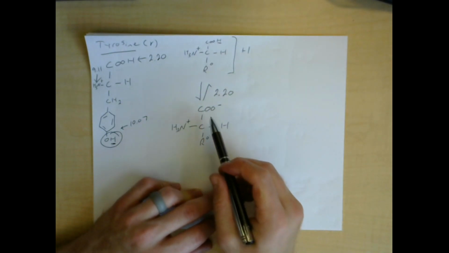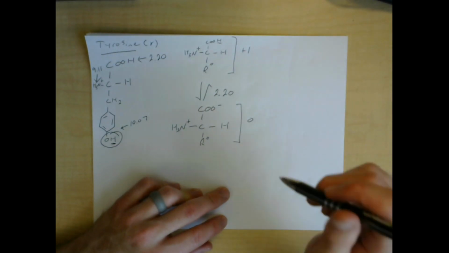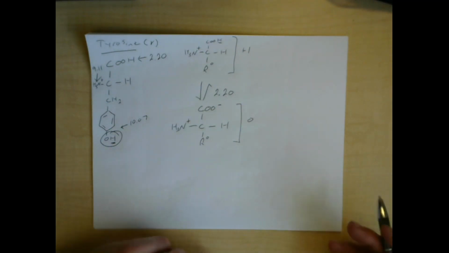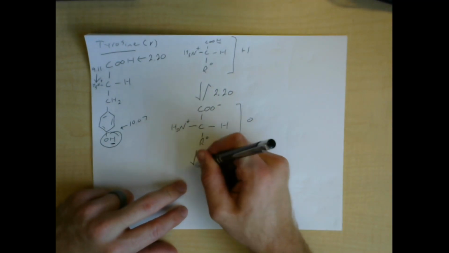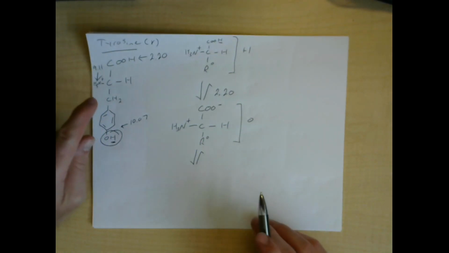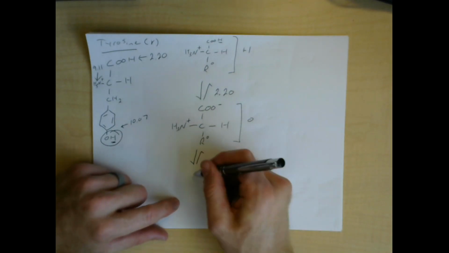Okay, now I have a neutral species. My overall charge is 0. Okay, so I'm going to take it to the next step. Deprotonate again. That's going to be the alpha amino group over here. So my primary amine, my NH3 becomes an NH2.